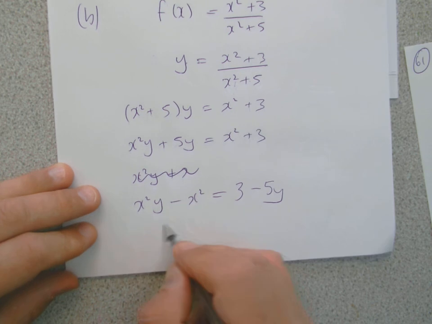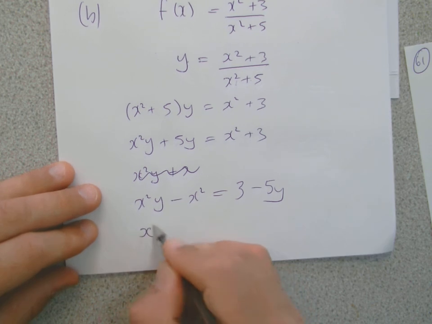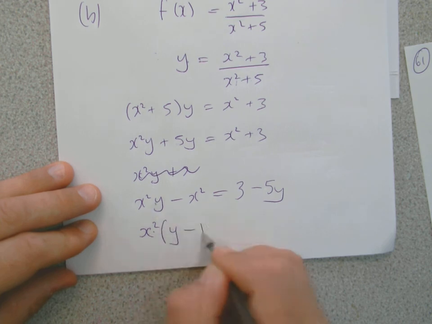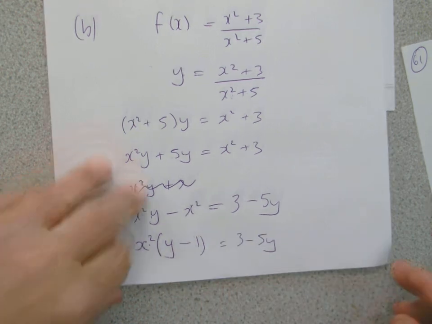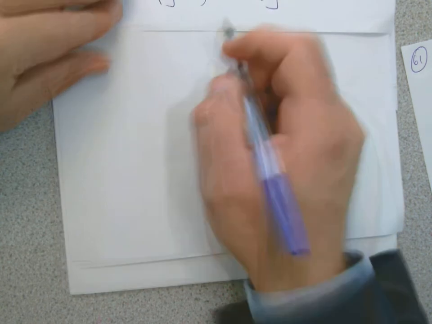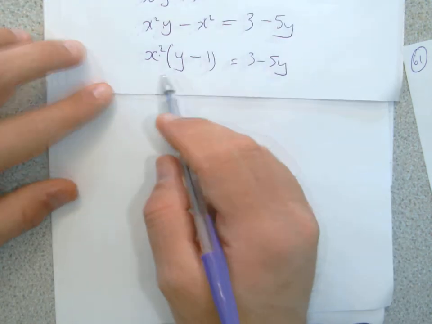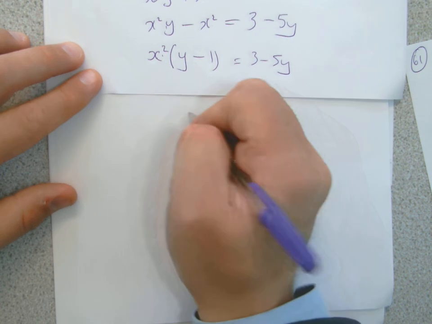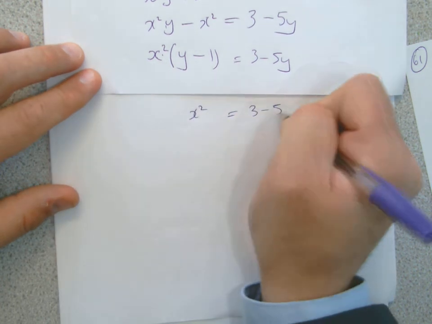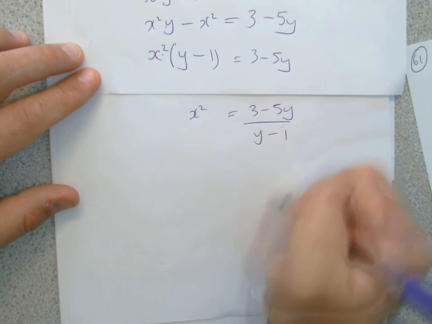I can't put them together, but I can factorize, because x squared is a common factor, so take it out. x squared times y will give me this, and x squared times minus 1 will give me that. Then the more important step is, because you're multiplying by this, take it over the other side. So you have x squared equals 3 minus 5y over y minus 1.